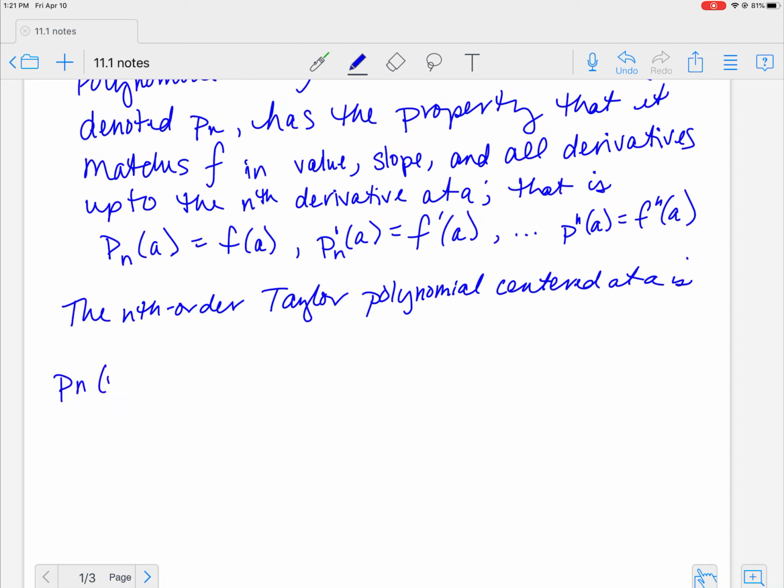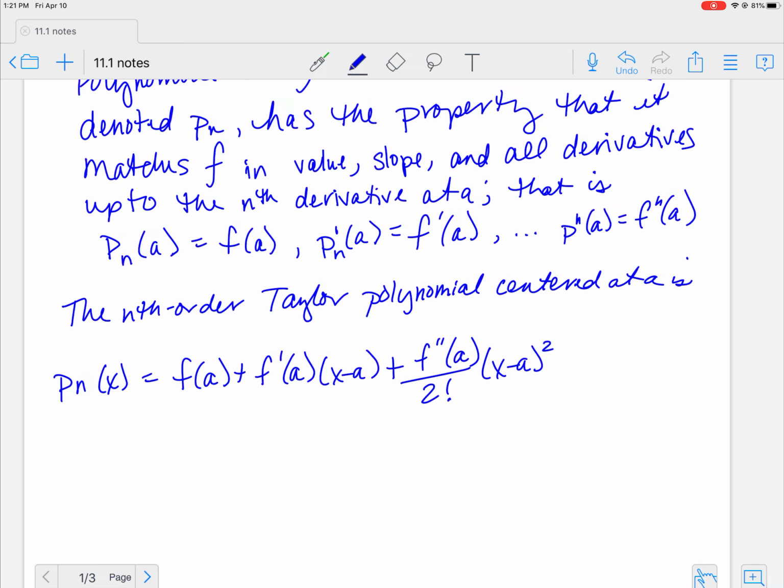P sub n of x equals f of a plus f prime of a times x minus a plus the second derivative of a divided by 2 factorial times x minus a squared plus more of that up to the nth derivative of a over n factorial times x minus a to the n.